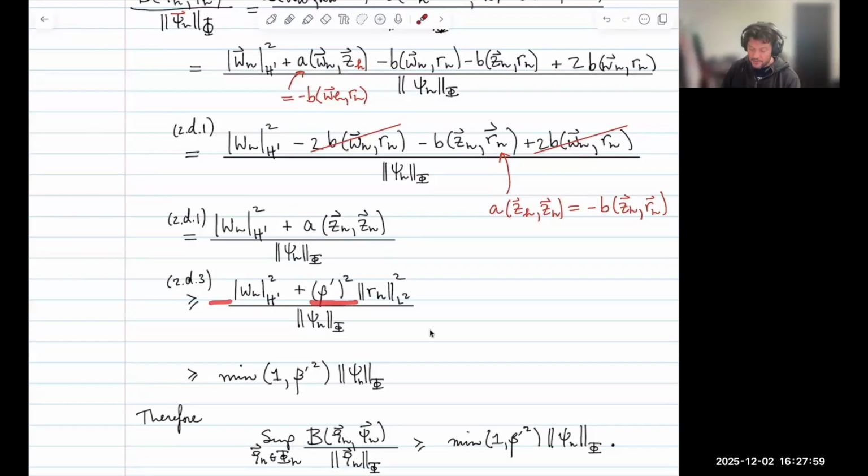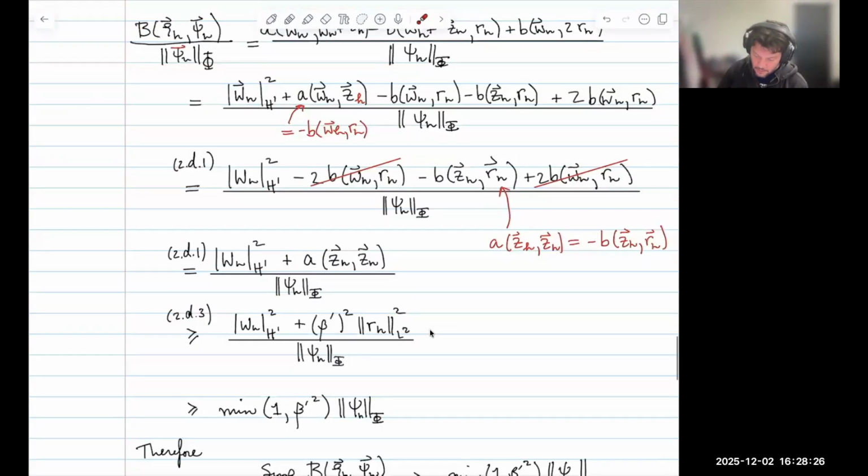I'm going to use the smaller of the two coefficients, and that gives me something still smaller. And now those two coefficients are the same. I can pull that coefficient out. And all this on the top is just going to be the psi h norm squared.